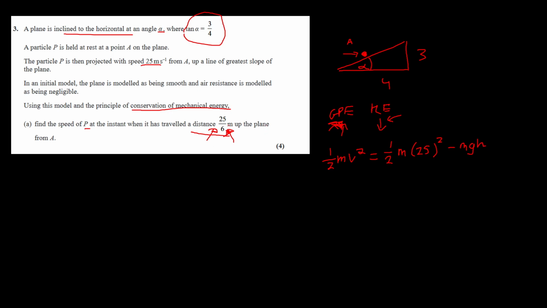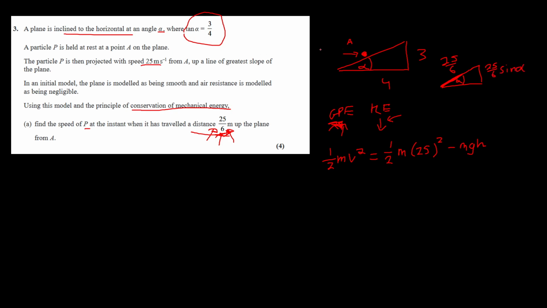And so all we need to work out is the height at which it travels a distance of 25/6 meters. But remember, the 25/6 meters is at an angle, right? It's slanted like this. So if we say that's 25/6, and we've got an angle alpha, then we need to work out the opposite of this right angled triangle. And that's going to be 25/6 times sine of alpha.